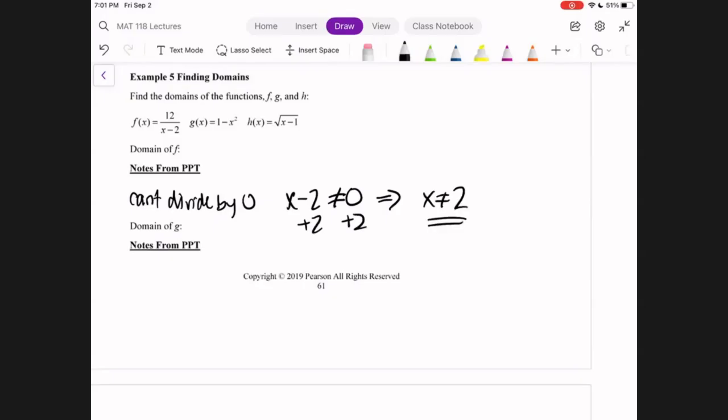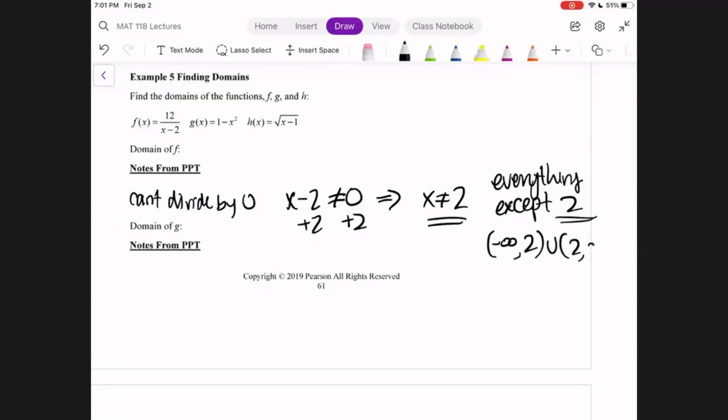So this is my domain. So it's everything except 2. So as interval notation, we want everything before 2, union everything after 2. Okay. So if you want everything except for, let's say, 6, you write this instead of 2, you'd put a 6.